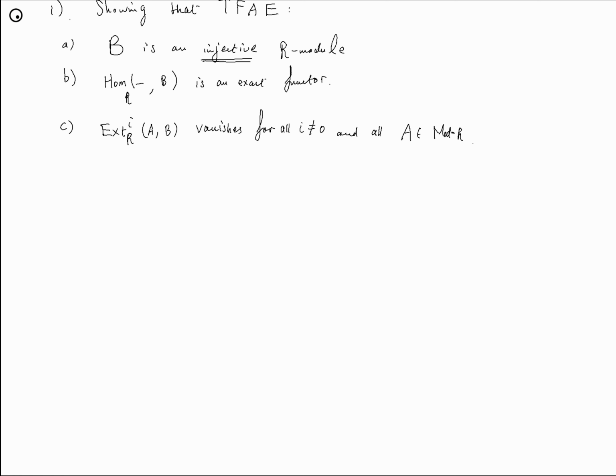So we will see that symmetrically when A is projective, this is also vanishing for any B. So in other words, this is saying that this is acyclic.